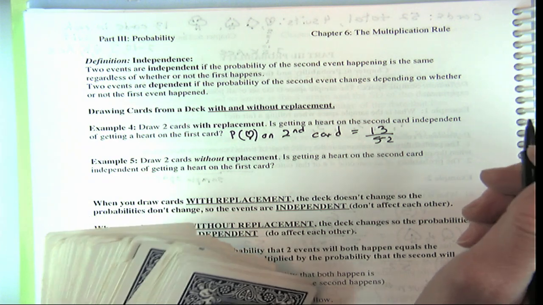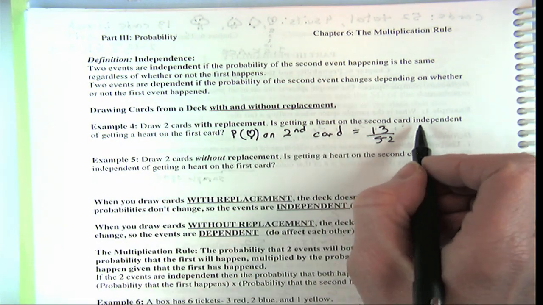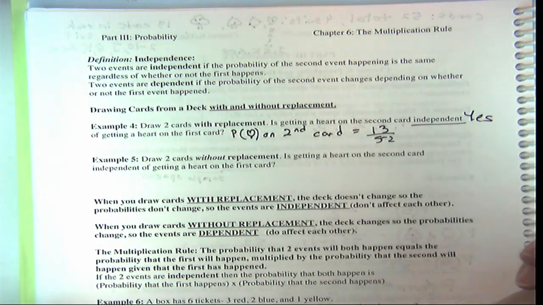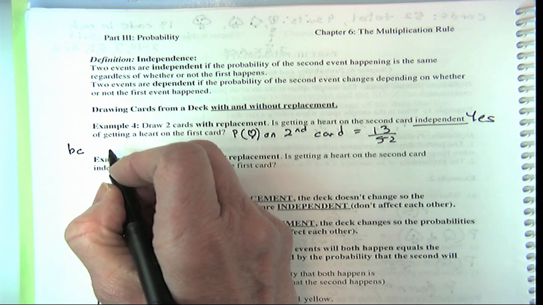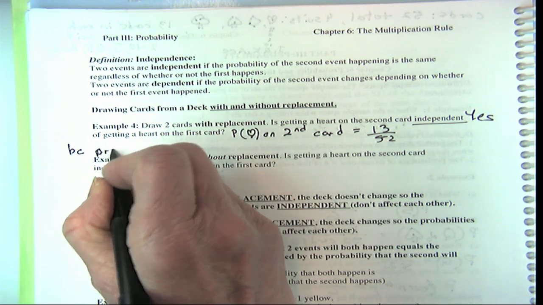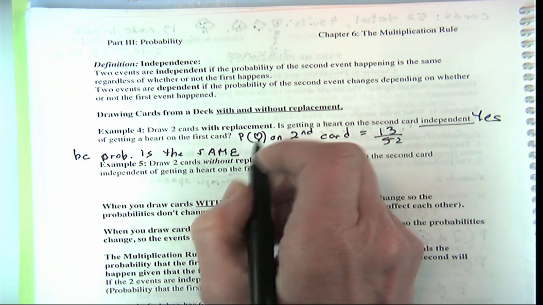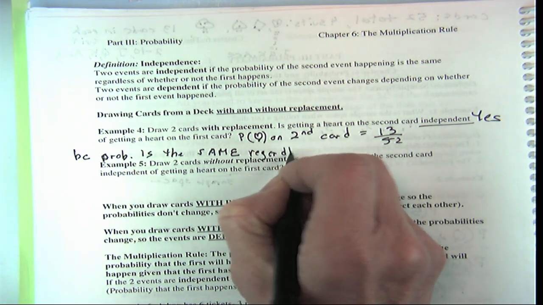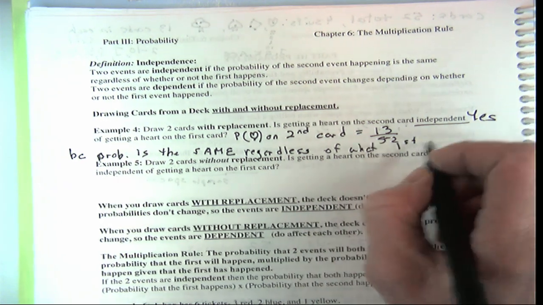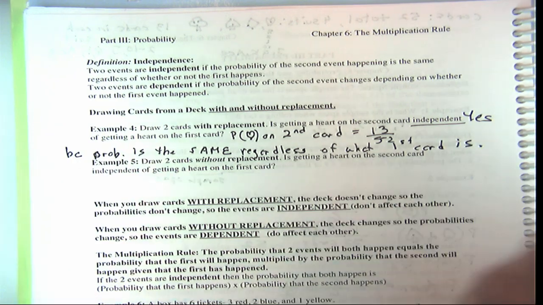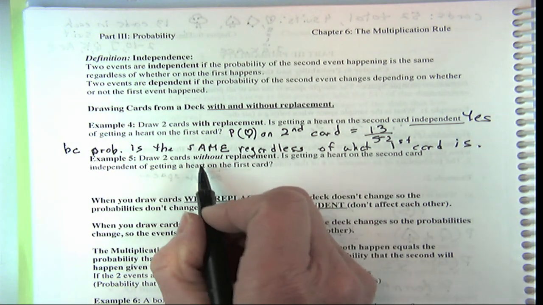So those events are independent. Yes, independent. Because why? The chance is the same. The probability is the same, regardless of what the first card is, because it's stuck back in the deck. So it becomes just like dice, right? Just like a die.